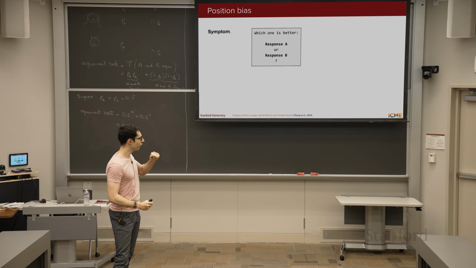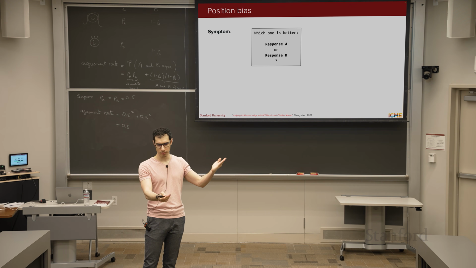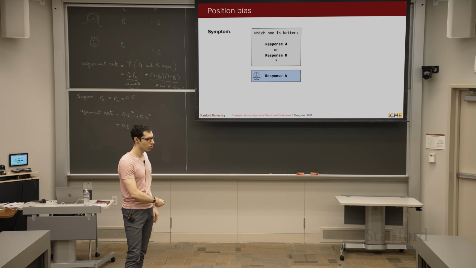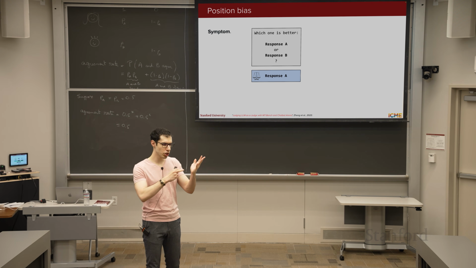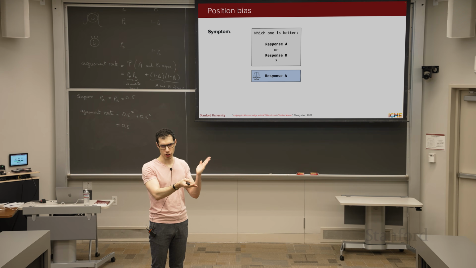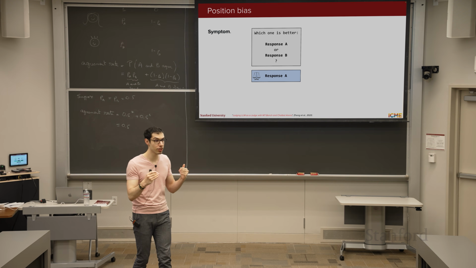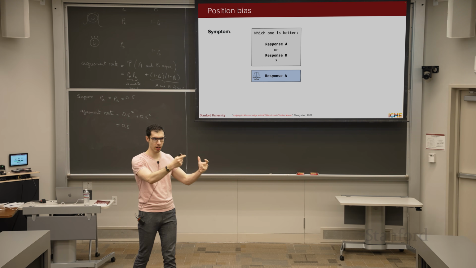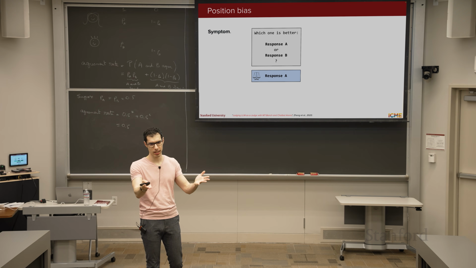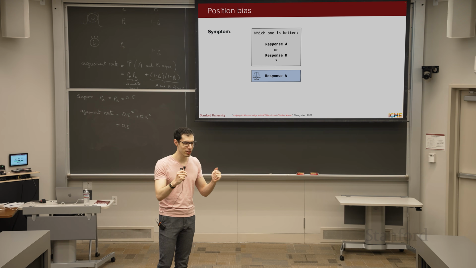If we ask whether response A or response B is better, there is a chance that the model responds with response A just because it was the first one mentioned. That kind of bias is called position bias, where the position at which you place the response matters in the judgment of the model.